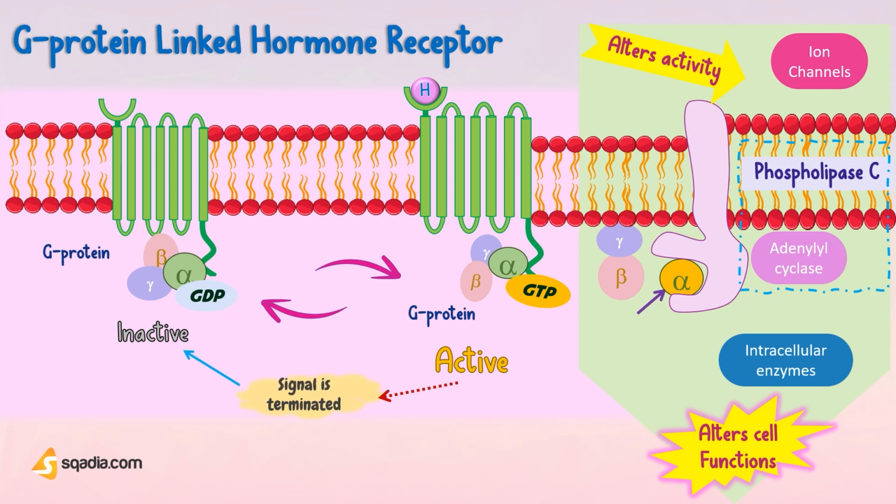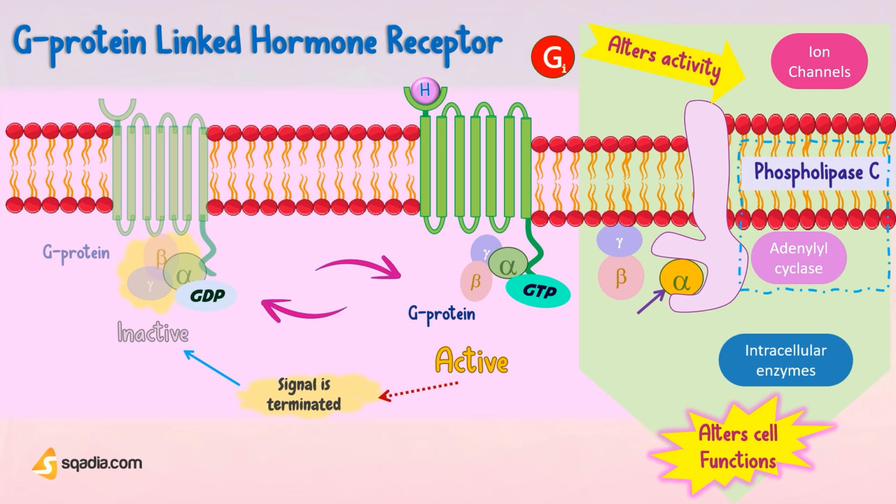Now, if we need to terminate this signaling, it will follow back. So the signaling event is terminated when the hormone is removed and the alpha subunit inactivates itself by converting its bound GTP to GDP. Then the alpha subunit once again combines with the beta and gamma subunits to form an inactive, membrane-bound trimeric G-protein. Let me tell you another important point.